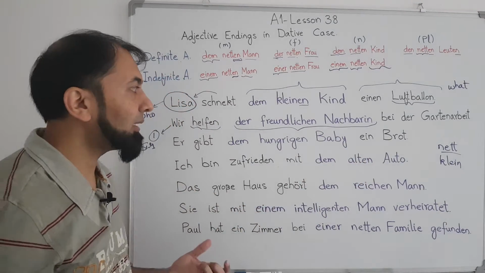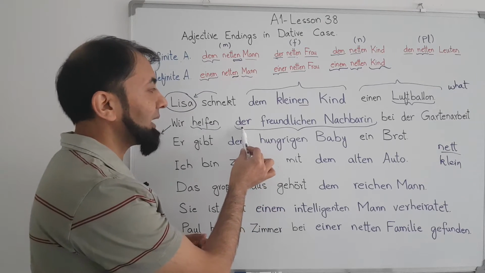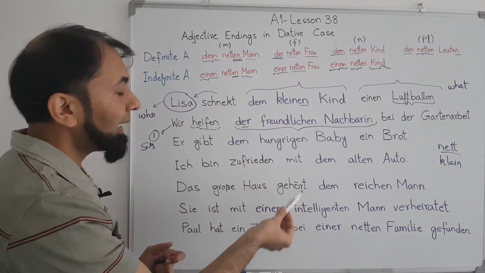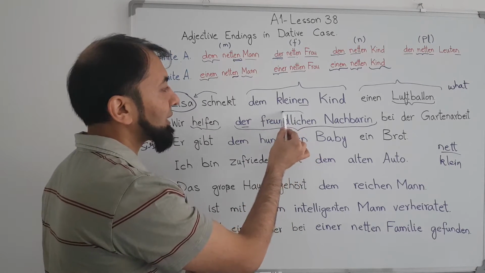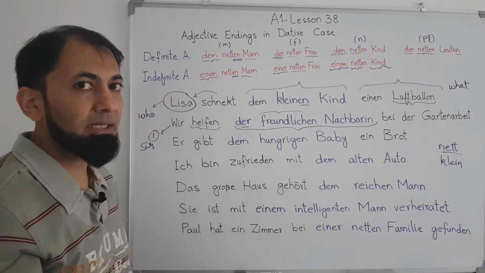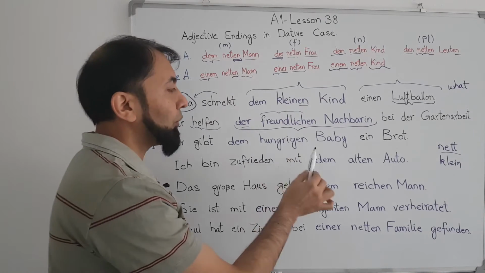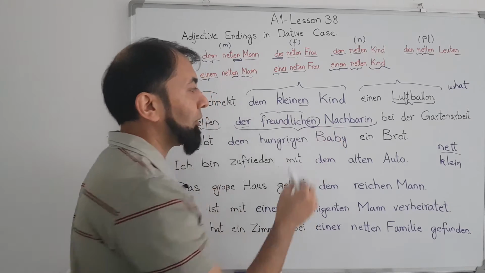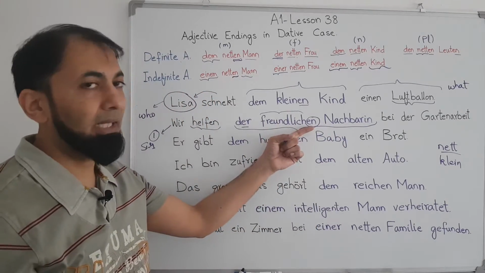This is a feminine noun, therefore we have to use the definite article for a feminine noun, which is der, and then we have used an adjective which is freundlich. Freundlich means friendly, and we know that in the case of dative we have to use -en at the end of the adjective, which is what we have done here.